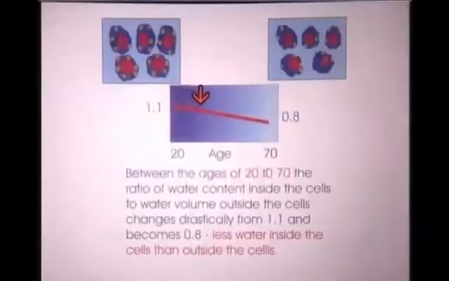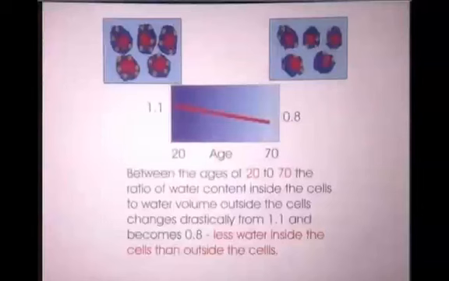This is a drastic change, and this is where disease occurs. Because don't forget, when we drink water, it goes inside the cells. Don't you remember that? So by not drinking water, we are producing this state, and that's why we are causing a disease state in the body.